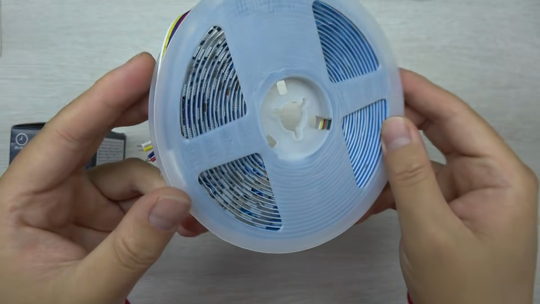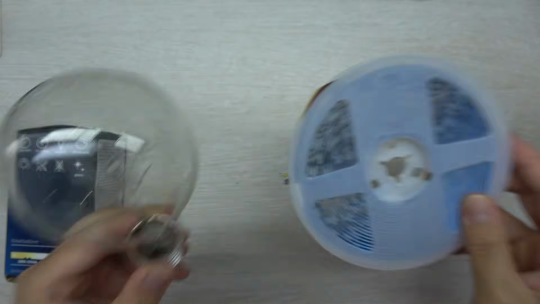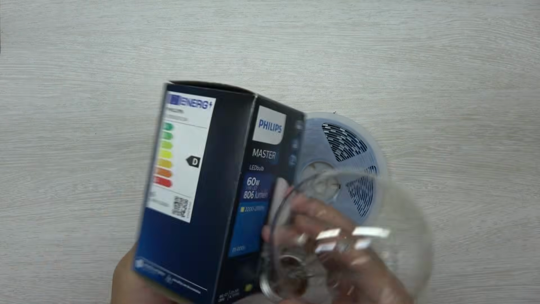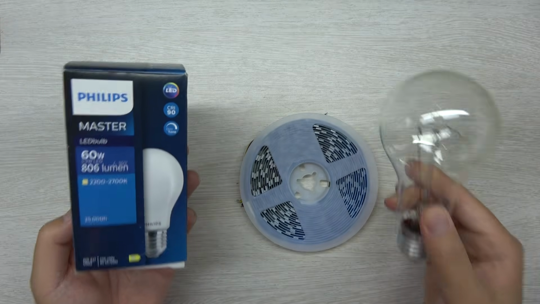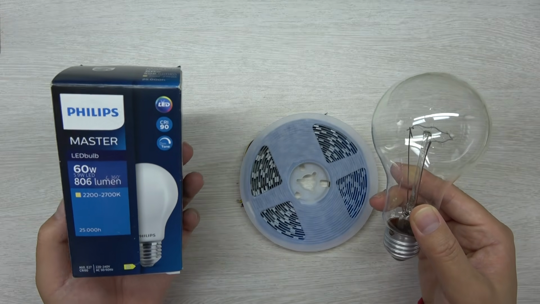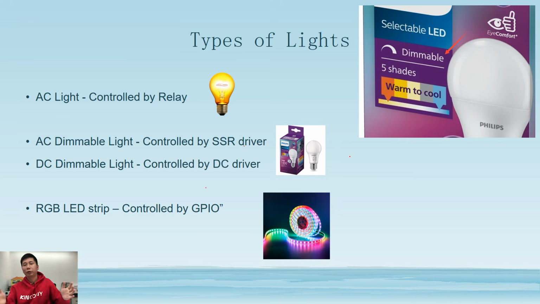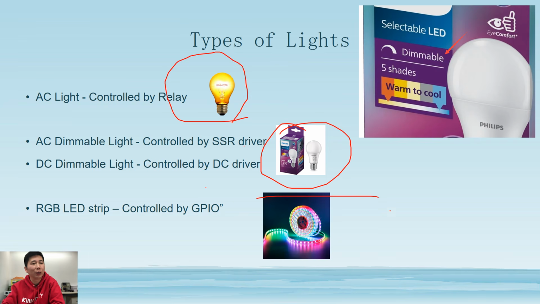So this is the RGB LED strip, this is just the simplest lamp, and this is the dimmable light. These are the different types of light in our life. In your project, you will mainly touch these 3 types of lamp, and which type you use depends on the smart solution. Let's look at the next.